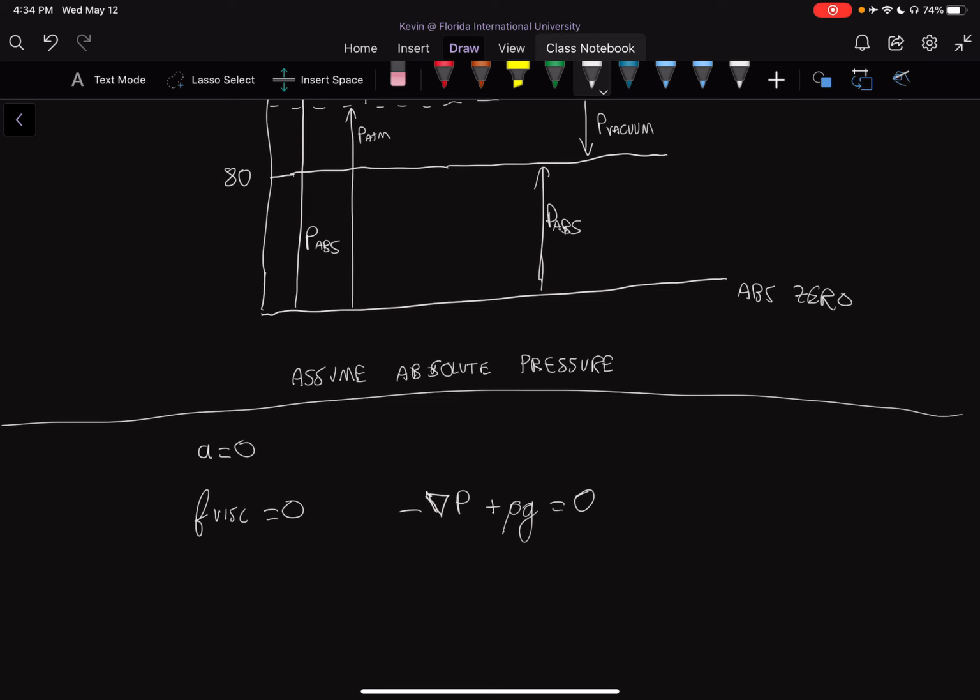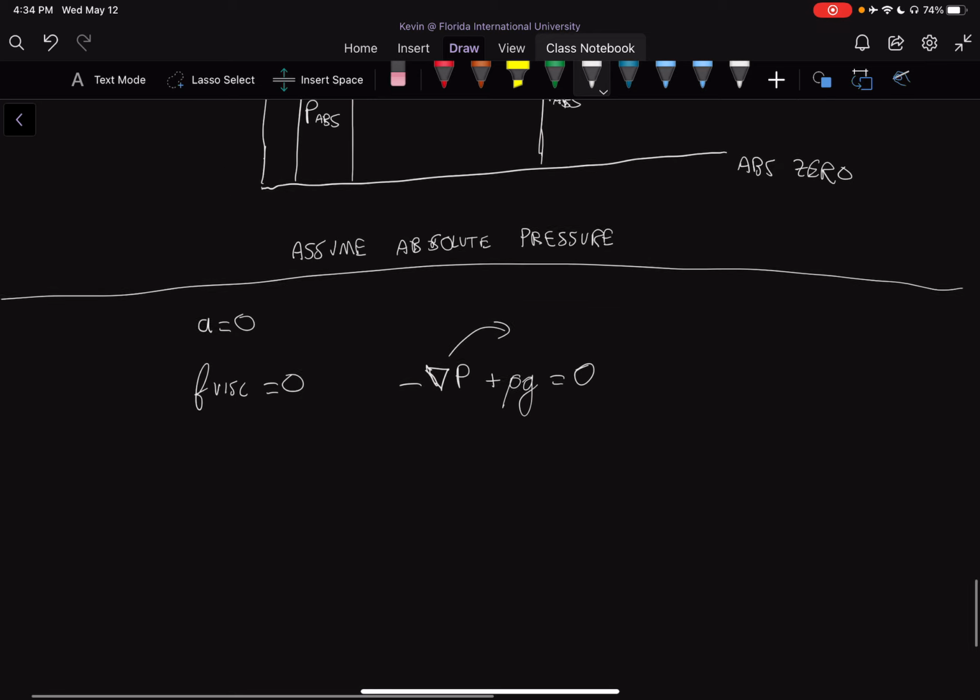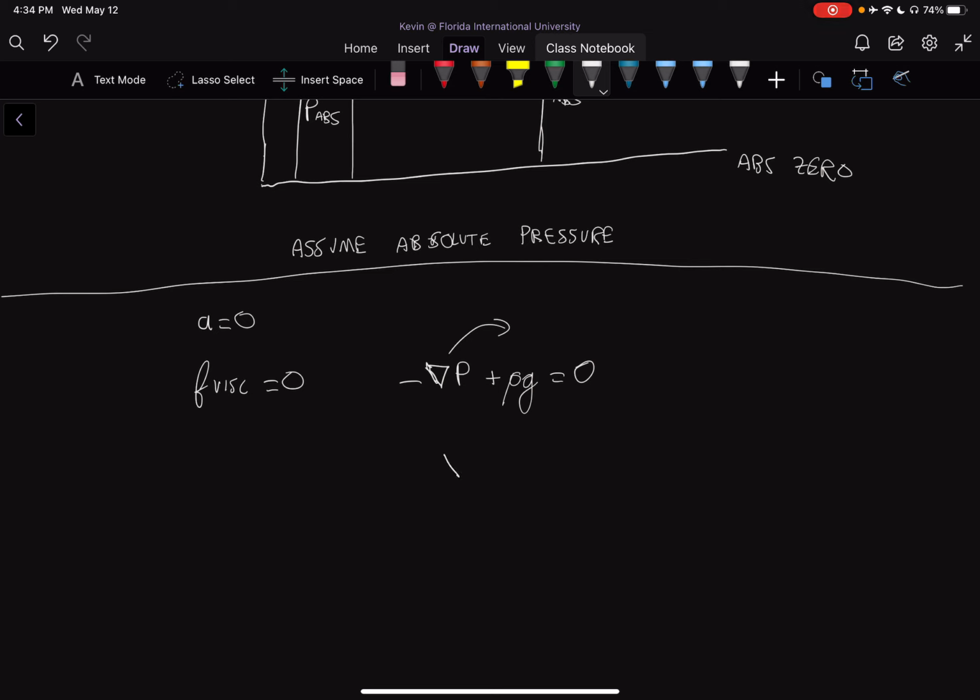We can rearrange this equation by bringing the gradient to the other side, and we finally get that the gradient of P, so the difference in pressure, is equal to rho g. So it's only affected by gravity. And this is for a fluid element at rest. Okay, that's really important. So it's a fluid element at rest.